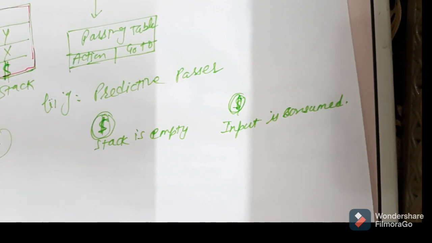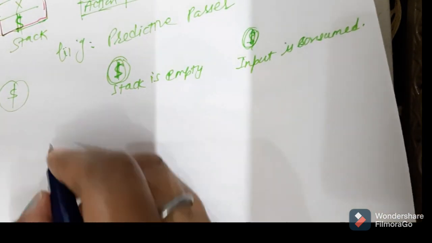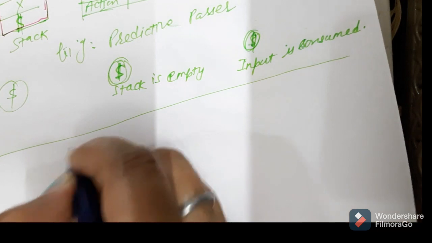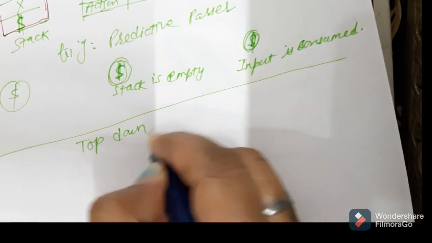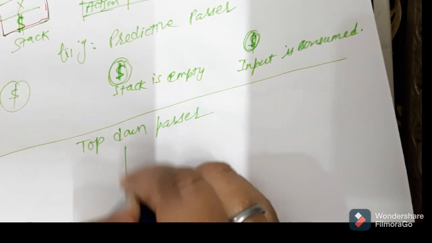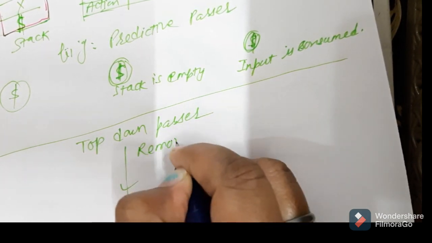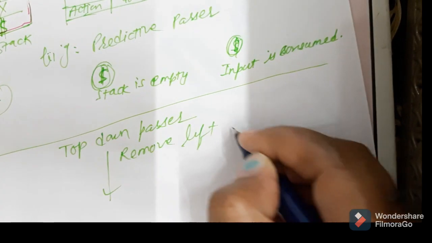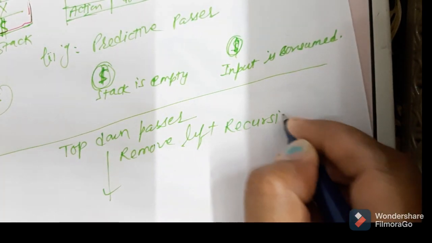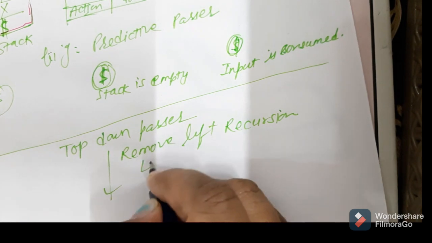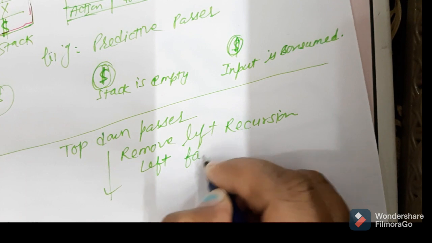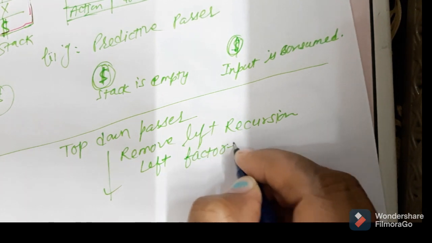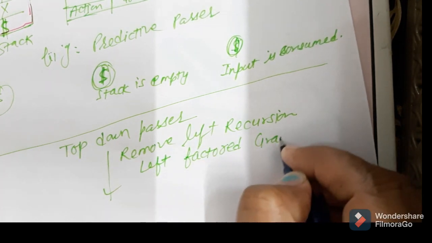So here I can summarize how to distinguish the top-down parsers from one another. This is top-down parser, and remove left recursion, means if we take a left recursive grammar, then the parser will get stuck in an infinite loop.